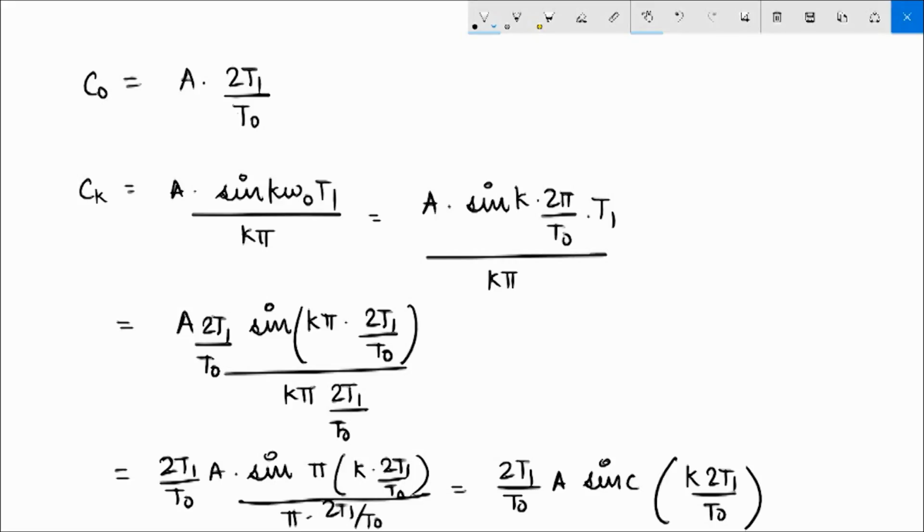Why is this important, or how is this sinc function relevant? We'll see in a short while.